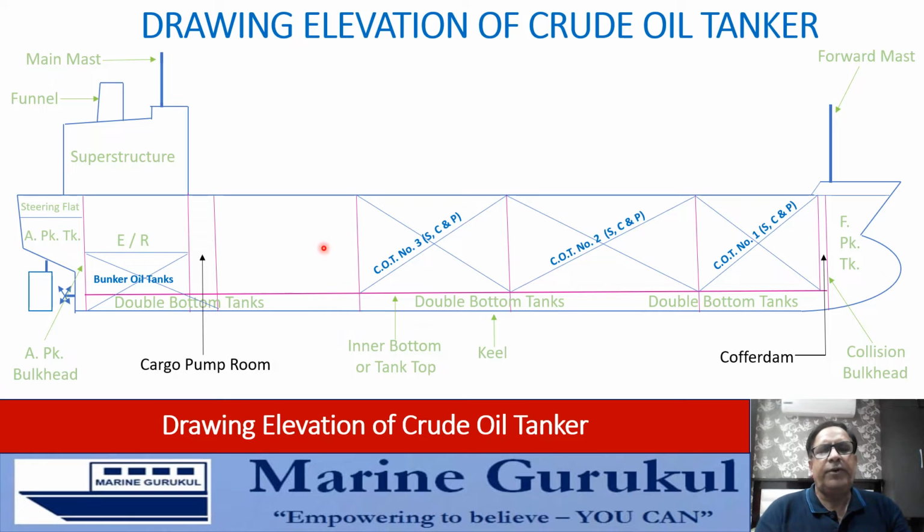Now, before we draw the number 4 COT, we also have in the tankers 2 dedicated cargo tanks, which are designated as the slop tanks, in which the tank washings and the residual oil is stored and to be disposed of as per the requirements of MARPOL.